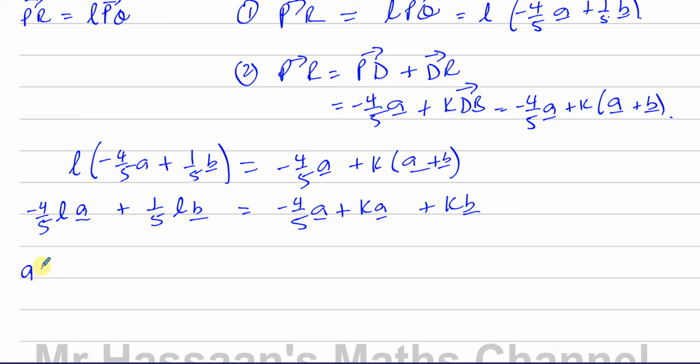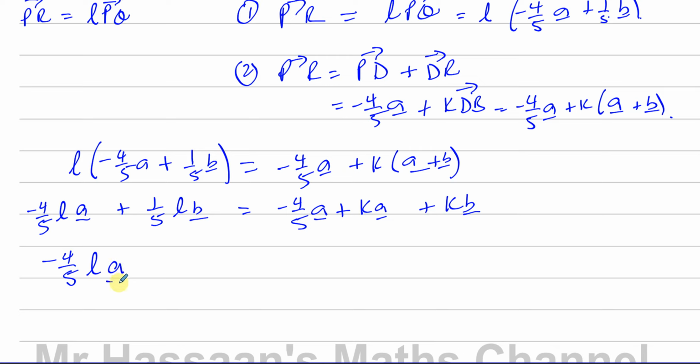If I compare the A components of both vectors, on the left side I have minus 4/5 L. And on this side, if I take out the A as common, I'll be left with minus 4/5. In fact, I'll write it like that just to make it clearer for those of you who might have a problem here.